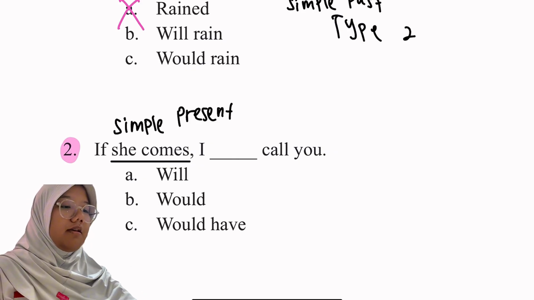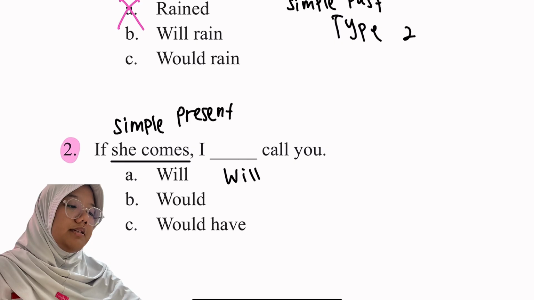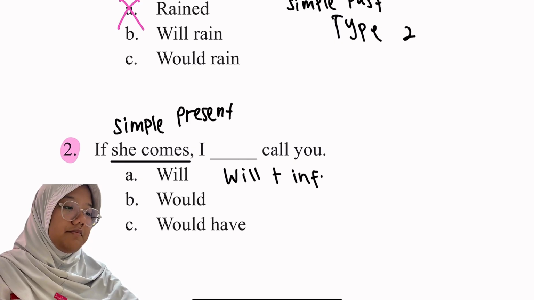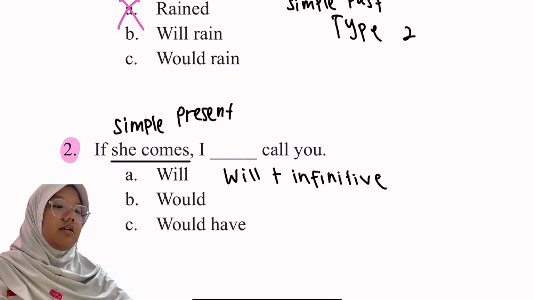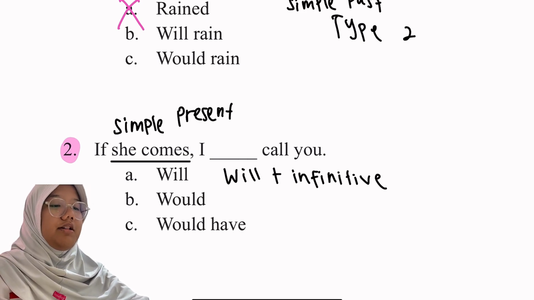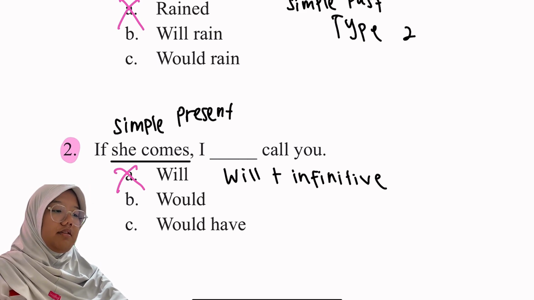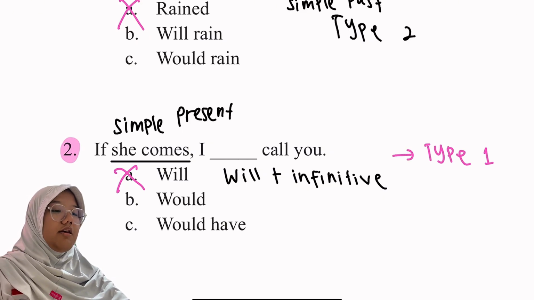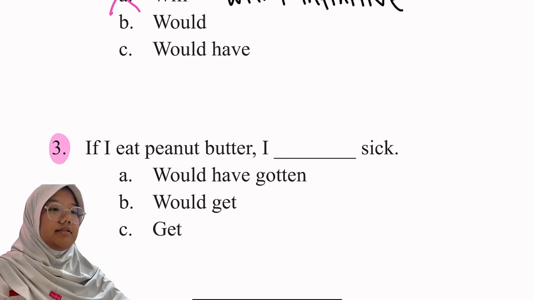So the result uses will plus infinitive. So the correct answer is will. This is type 1. Okay, we move to the next question.